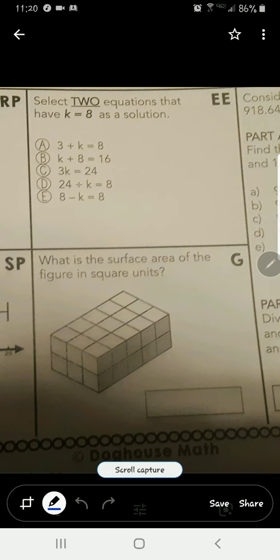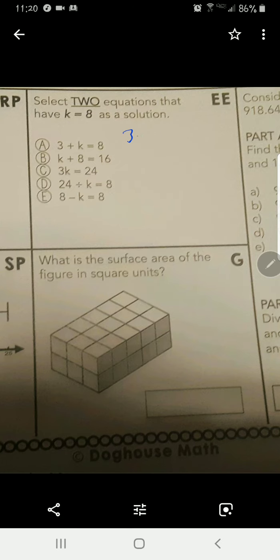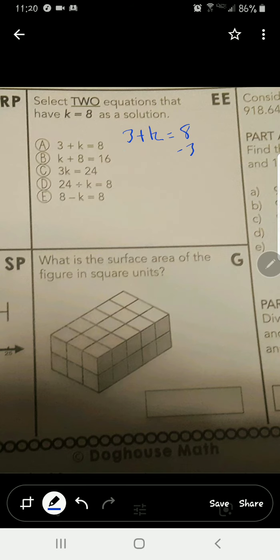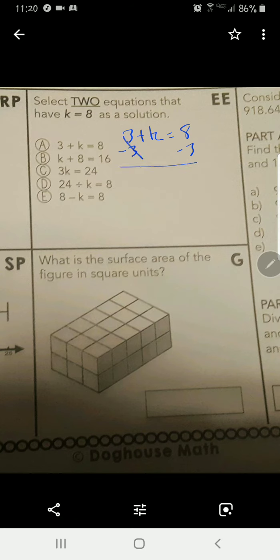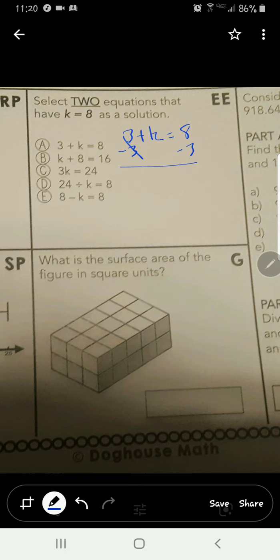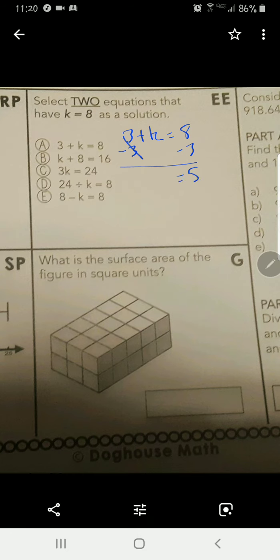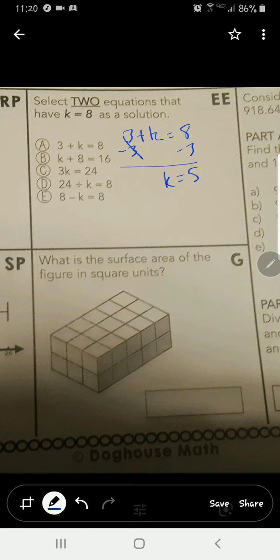Select 2 equations that have k equals 8 as a solution. So let's look here. A, 3 plus k equals 8. Let's go inverse operations. Minus 3, minus 3. It's 8 minus 3, 5. So 5 equals k. So A cannot be a solution.